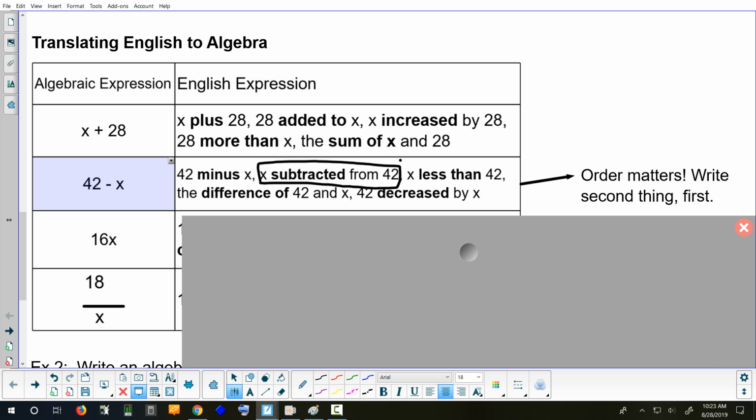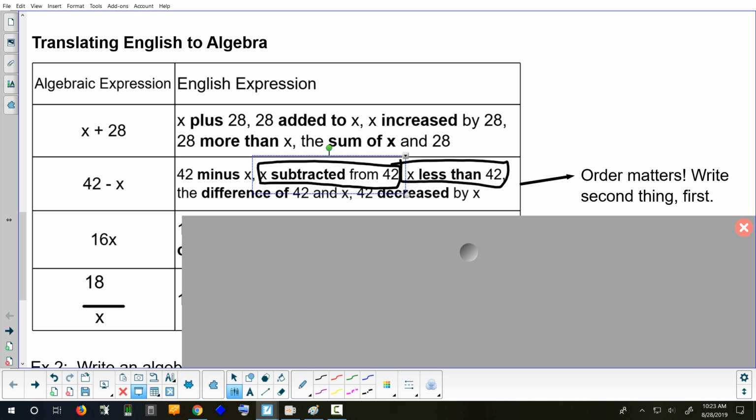Putting a box around this one. And the other ones are okay. The reason I put boxes around them is because look at what's in the box. The x comes first, and the 42 comes second, if you just read it. Well, that's not necessarily how you would write it.